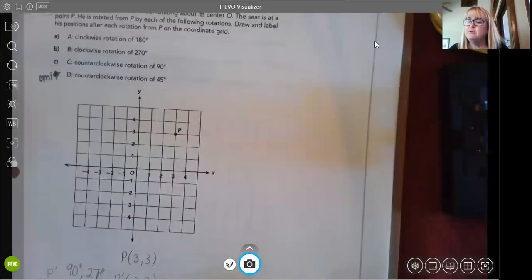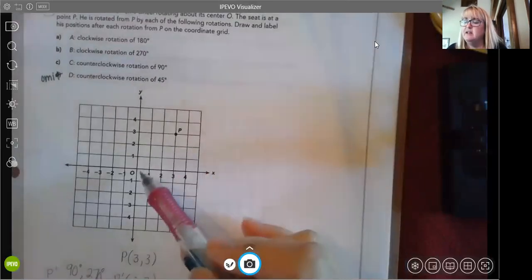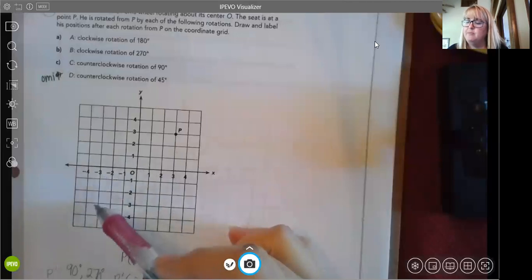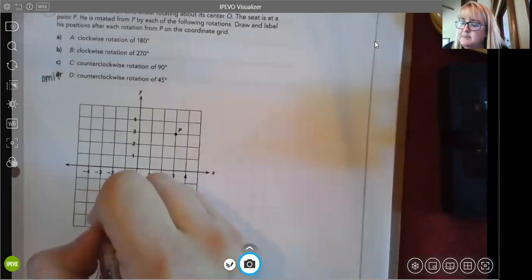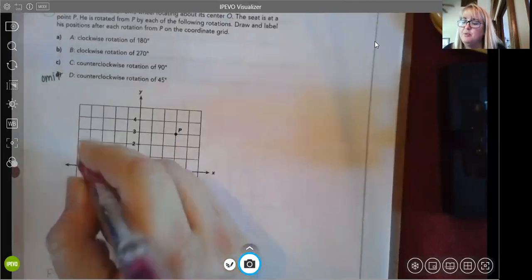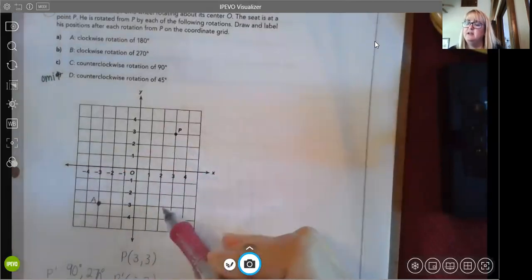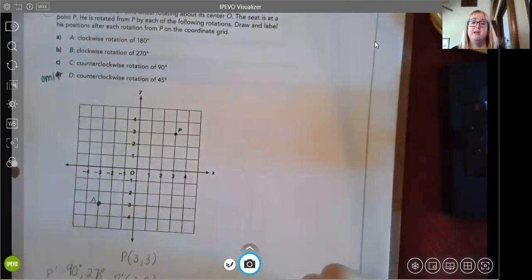So the clockwise rotation for P, instead of 3, 3, we're going to go negative 3, negative 3. So back 3, down 3. So this is point A, which is 180 degrees, 90, 180, and that's where it would be.